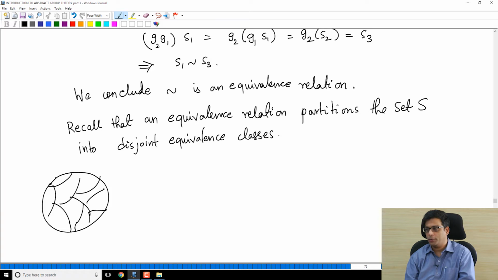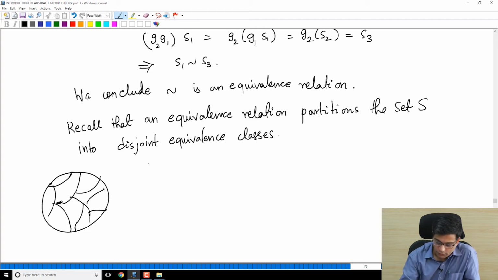And the most important property of equivalence classes is that two equivalence classes are either disjoint or they are identical to each other, right? They can't be different and have something in common. So if you take distinct equivalence classes, they are all disjoint, and because every element is in its own equivalence class, equivalence classes certainly cover all of S.